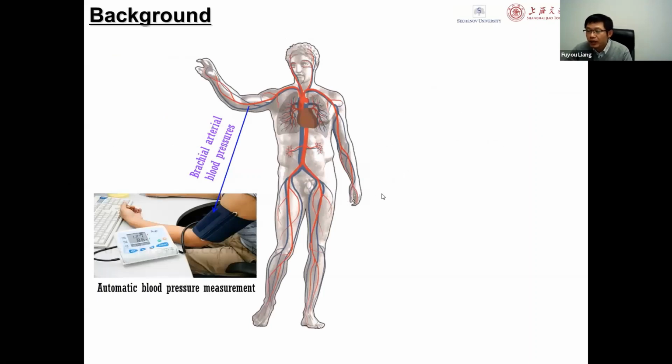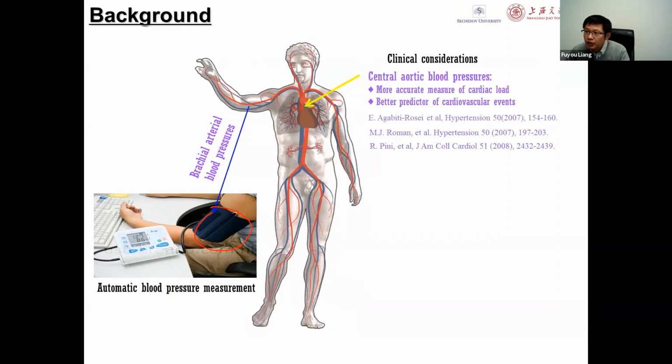I guess you all have the experience of measuring blood pressure, right? Usually, when you use a blood pressure device, you measure your blood pressure at the upper arm here, right? The blood pressure measured here actually represents the blood pressure in the peripheral artery.